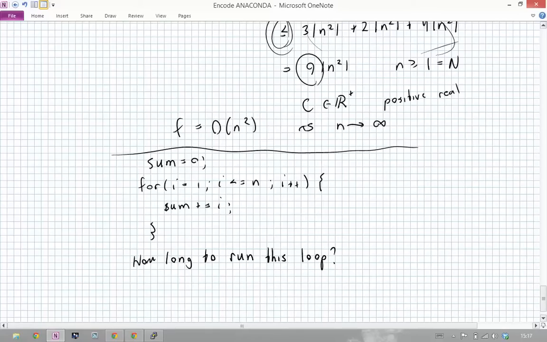Well, that's a tough question because clearly it depends on your equipment. So what you're going to do instead is have this pretend abstract computer that, say, maybe it takes C1 amount of time to do that. What other calculations are going on in this loop? So there's some more stuff here, C2 time to do that. What else?